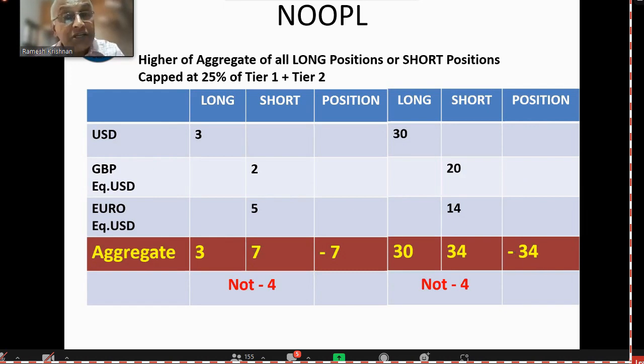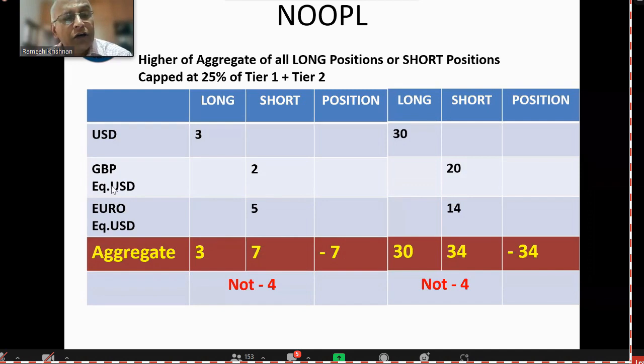So what we are capturing is the risk. Okay, this is what Nick Leeson did, in a very loose term, I'm saying. So that is why it is not the arithmetical net, but the higher of the aggregate long or aggregate short. That is why 34 million is what the bank is exposed to.